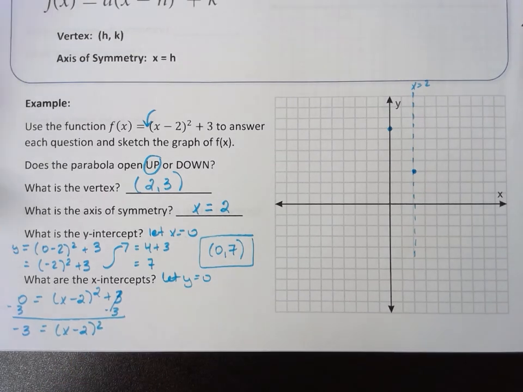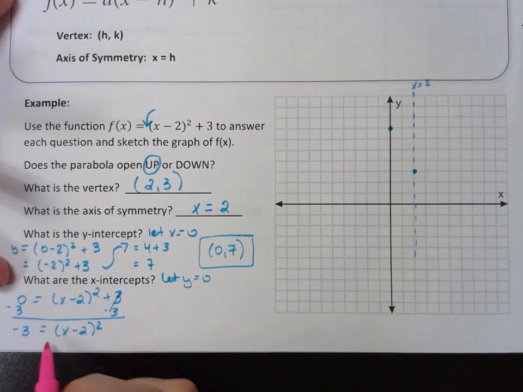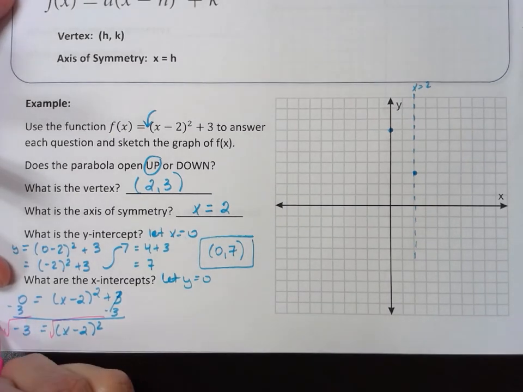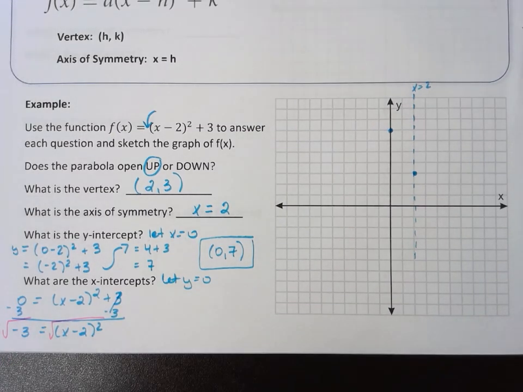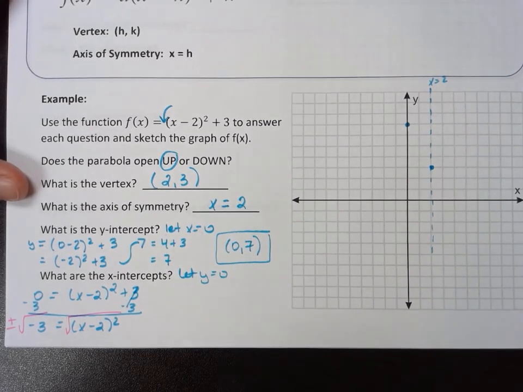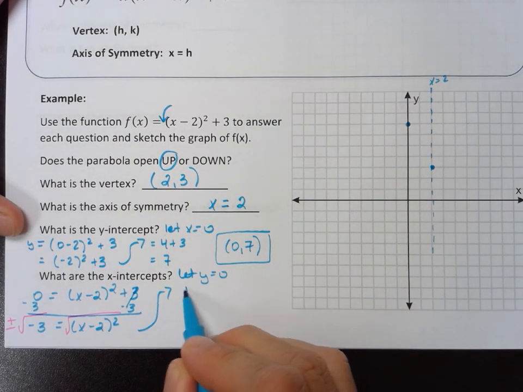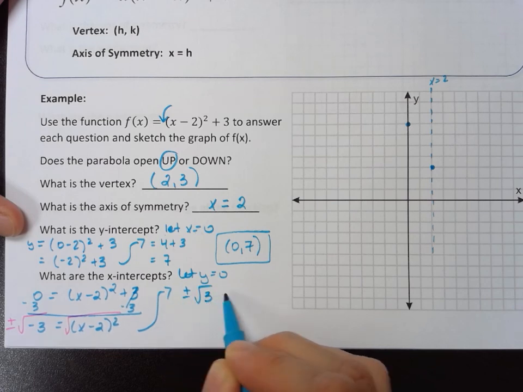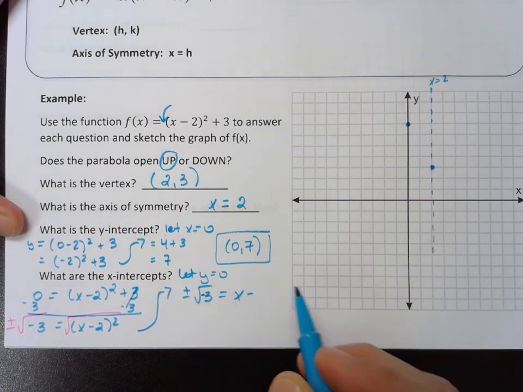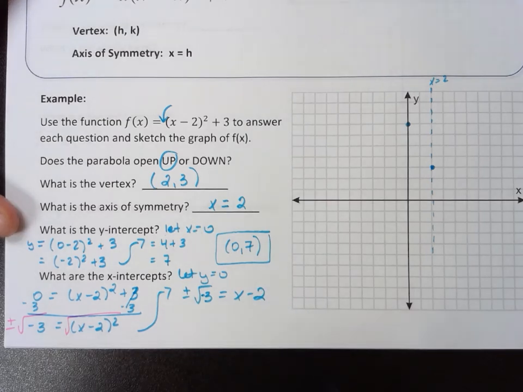Now we're supposed to get rid of that square, so we take the square root of both sides. Don't forget plus or minus. So we get plus or minus the square root of negative 3 is equal to x minus 2.